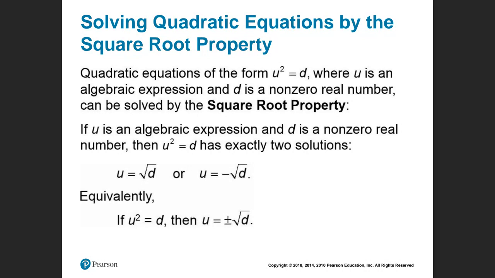If u is an algebraic expression and d is a nonzero real number, then u squared equals d has exactly two solutions. Remember that positive and negative both work, so we can write u equals positive or negative square root of d. So u equals square root of d or u equals negative square root of d.